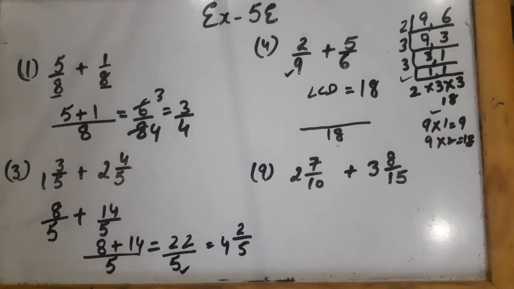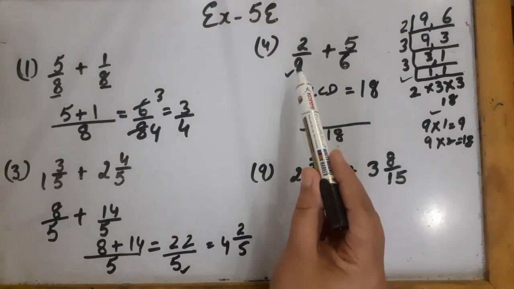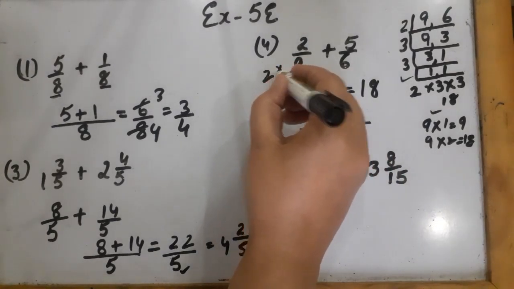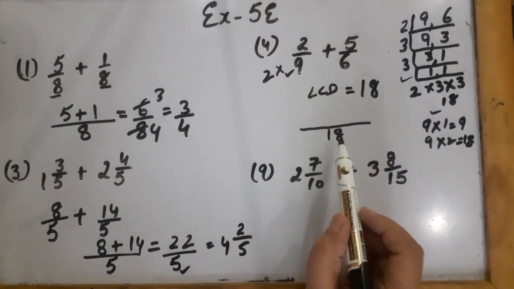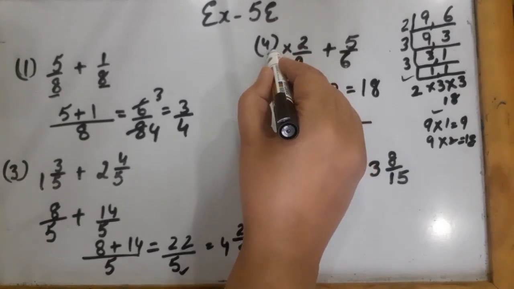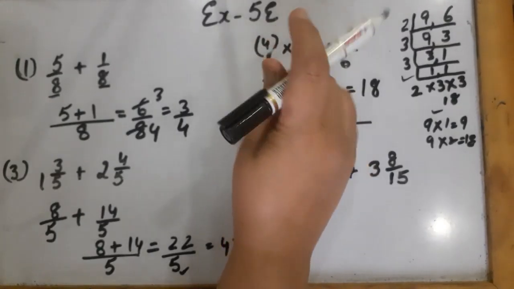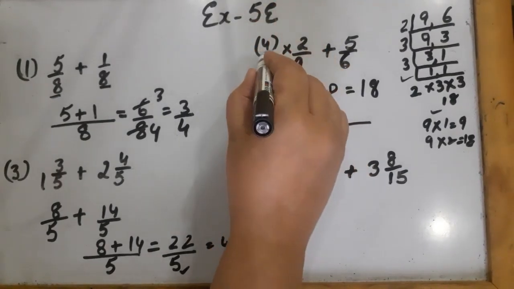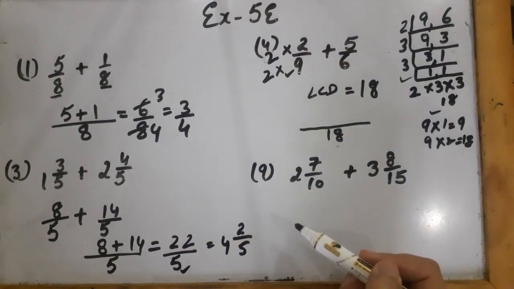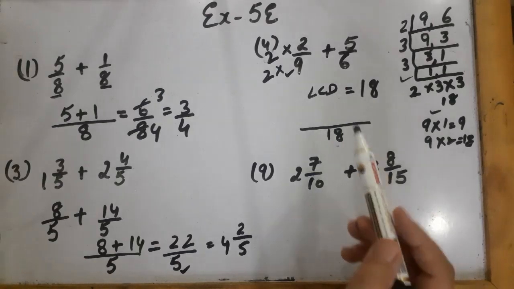In order to change the numerator, I will see how 9 has become 18. It is multiplied by 2. If I multiply 9 with 2, it will become 18. So the same way I have to multiply the numerator also with 2. So what type of fraction will I get when I multiply the numerator and denominator with the same number? That is called equivalent fractions.